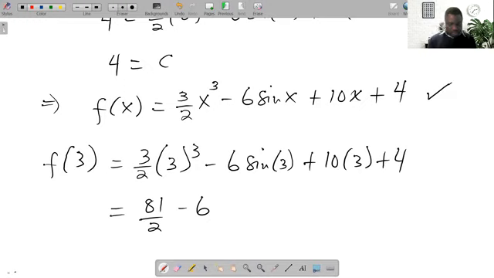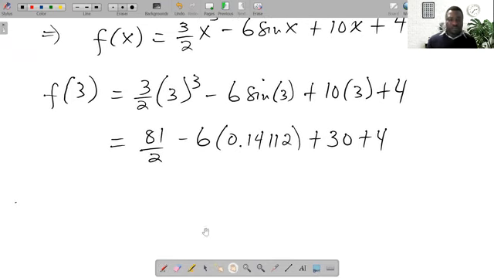Sine 3 is giving me 0.14112. That will be 30 plus 4. And so 81 divided by 2 will be 40.5.